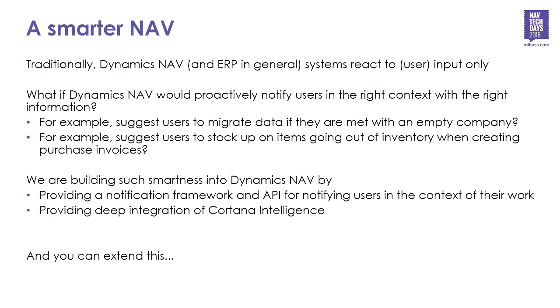These are two examples that we have built into NAV 2017. We're still at an early stage, and we are going to look a bit forward also in this session. But the two things we would like to show are this notification framework, which is basically an API to notify users in the context of their work, such as when doing purchase orders or sales invoices, and a deep integration of Cortana Intelligence.